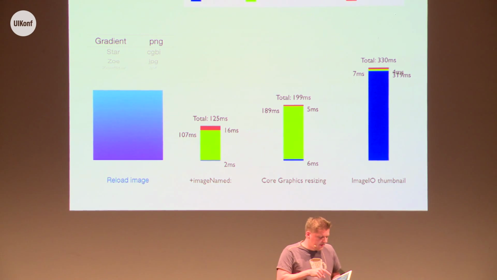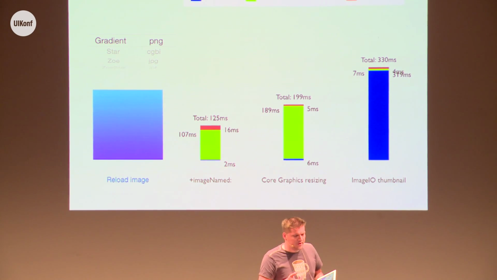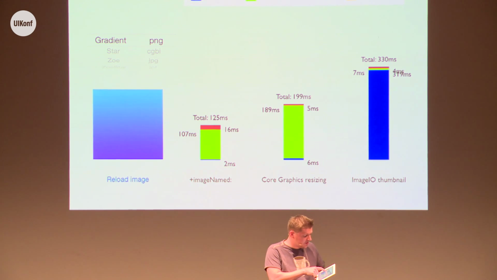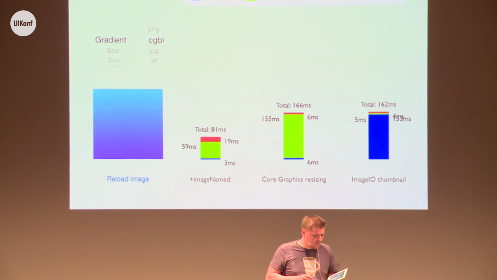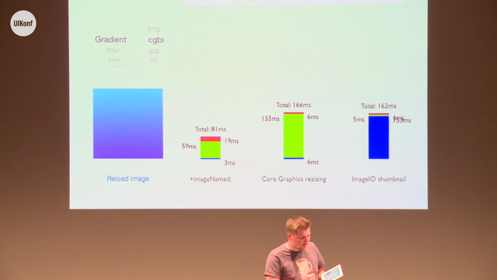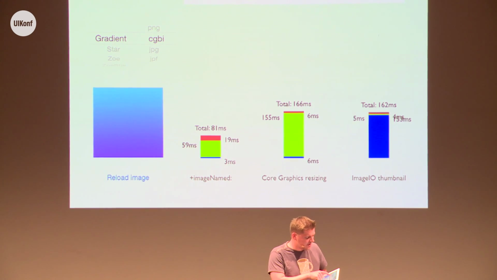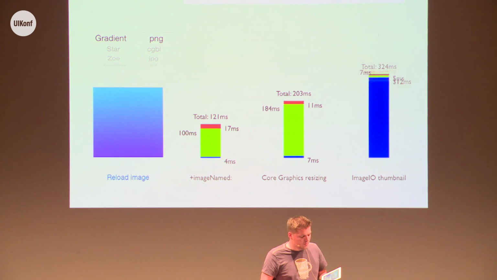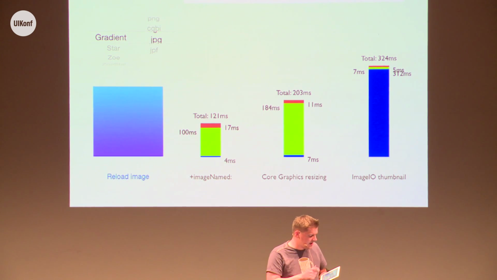Incidentally, this is a good demonstration of the difference between PNG and CGBI in terms of performance, because if I decode a CGBI image instead, you see that Image I/O's thumbnail generation is actually faster than any other way of doing it. Whereas for ordinary PNG images, like the ones that are actually conforming to the standard, it's worse. For JPEGs, it's still faster.